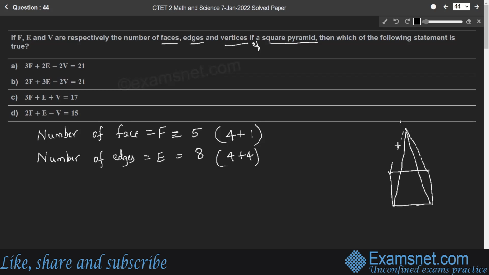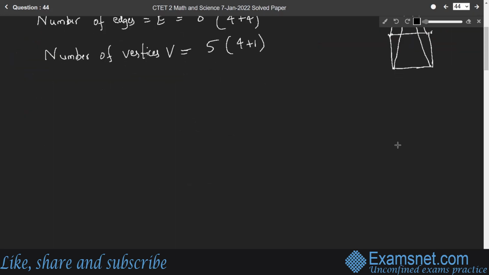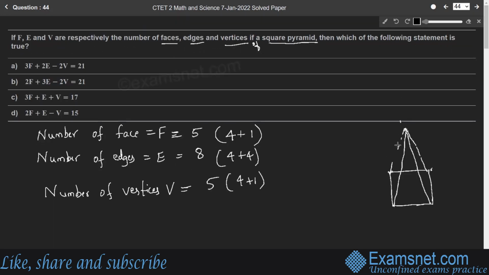Right? Number of vertices. V is equal to, here 4 vertices of the square and 1 at the top here. That is 5. 4 plus 1, right? So we have to check which equation is true here.